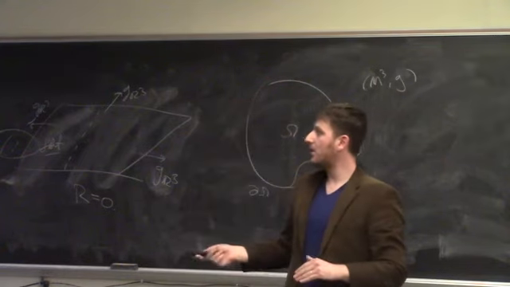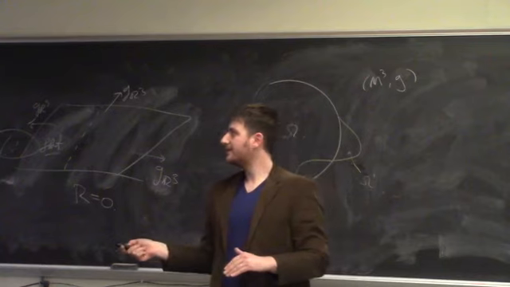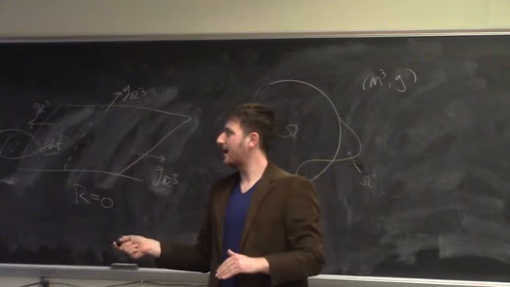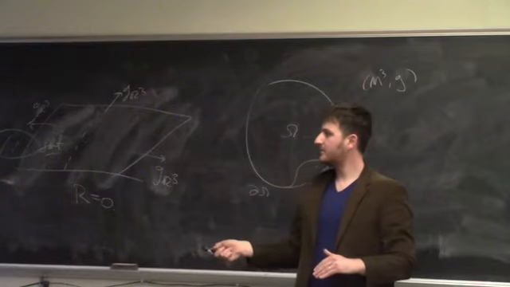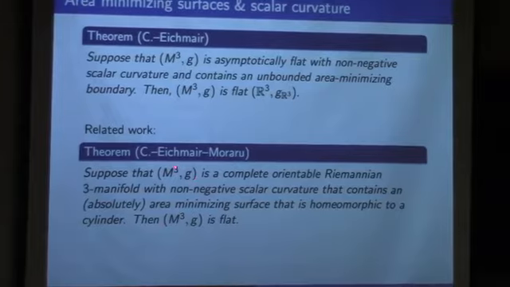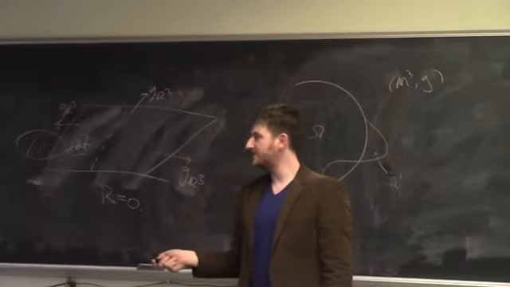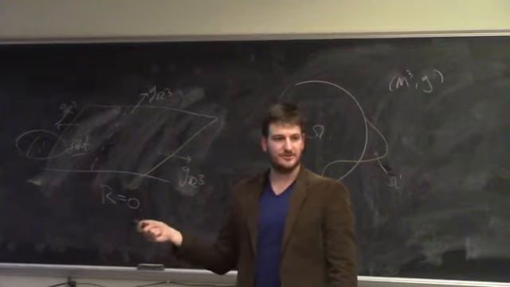Okay. And then a related work, which is not on the archive, so I thought I'd mention it. If you drop asymptotic flatness, then you need something a little bit more to conclude some sort of rigidity.